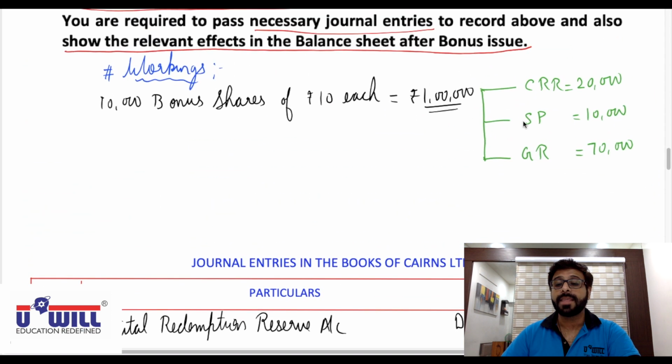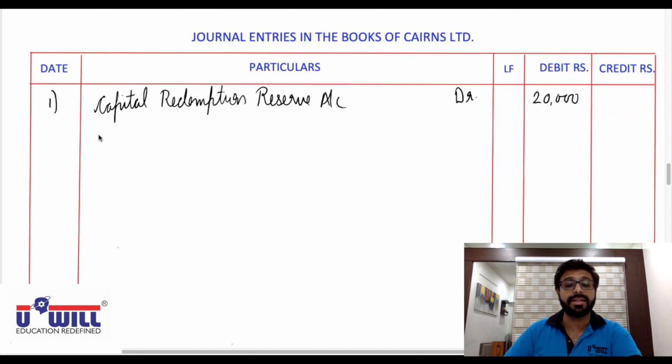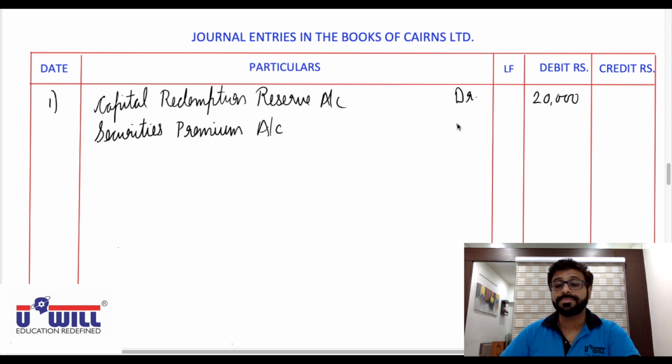Then securities premium account debit with 10,000.